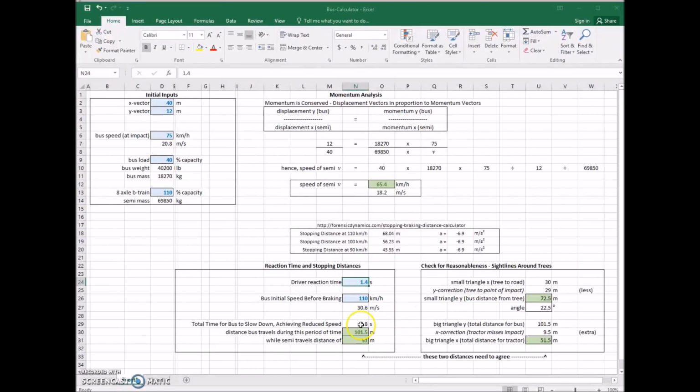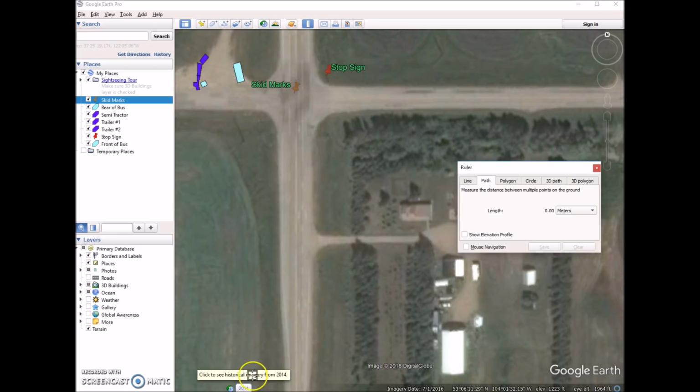In total it's only 2.8 seconds from the time he says whoa, then steps on the brake, and then the impact. So let's go look at that. We have the bus going 101 meters and the truck going 51 meters.